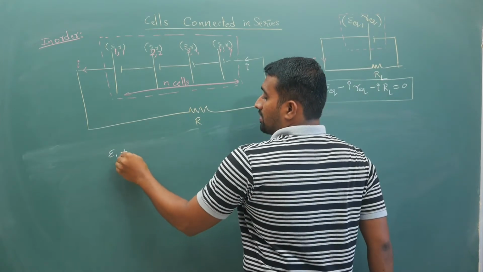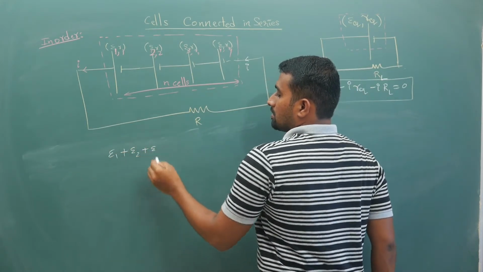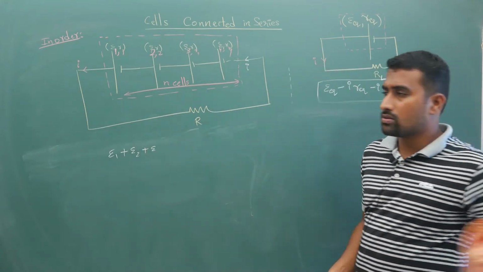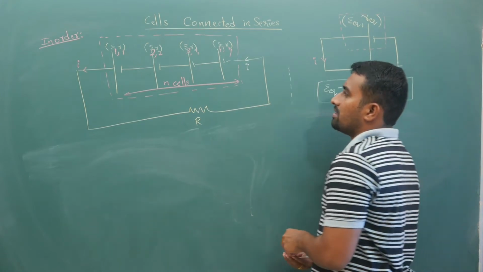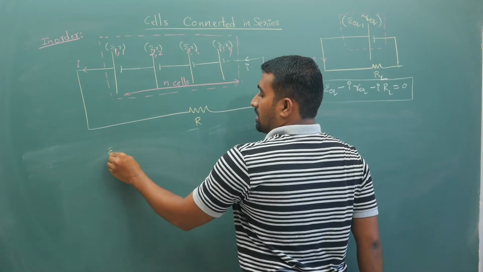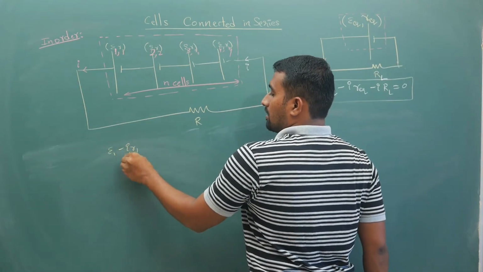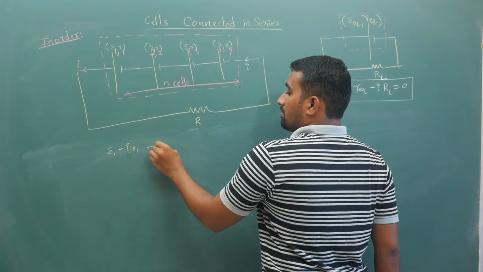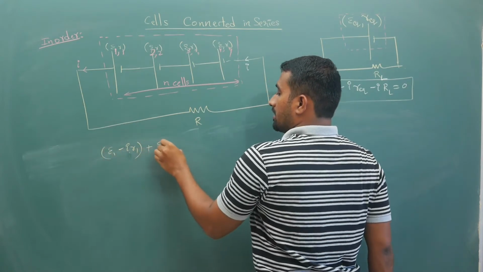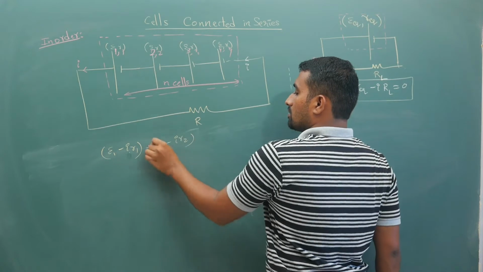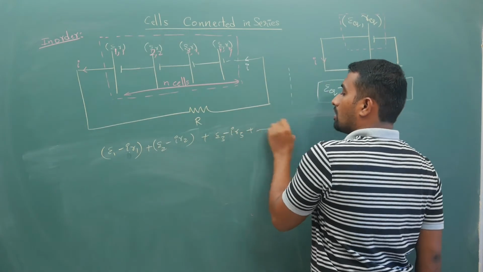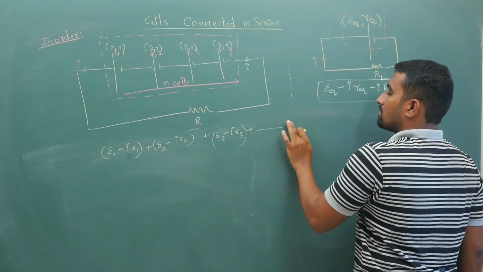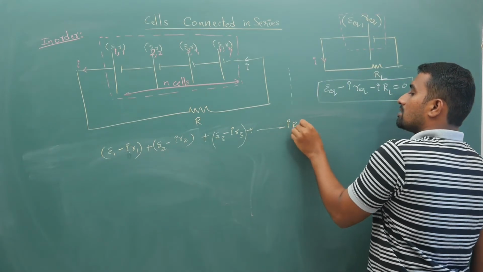Ultimately you will get E1 plus E2 plus... For those of you who are getting confused, it is better if I write E1 minus I R1, plus E2 minus I R2, plus E3 minus I R3, plus so on, minus I times R load is equal to 0.